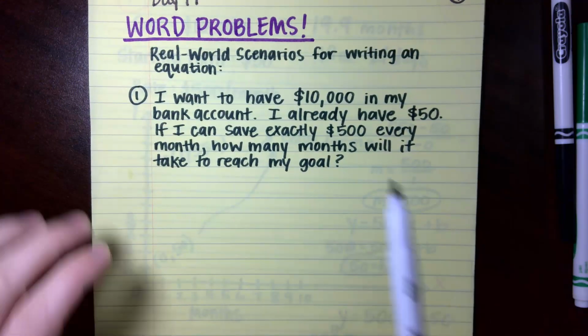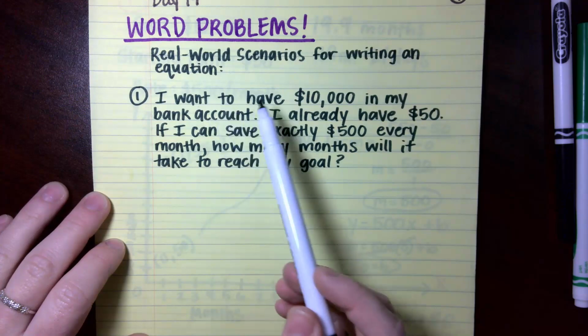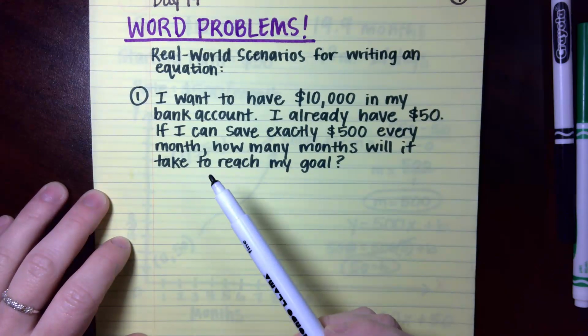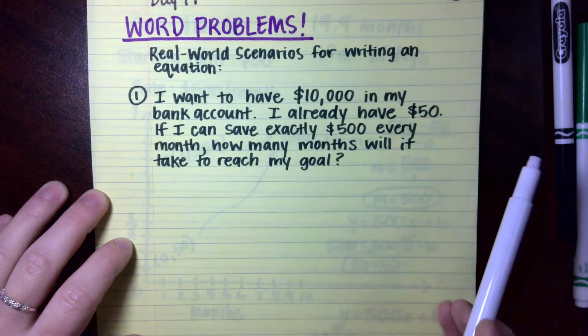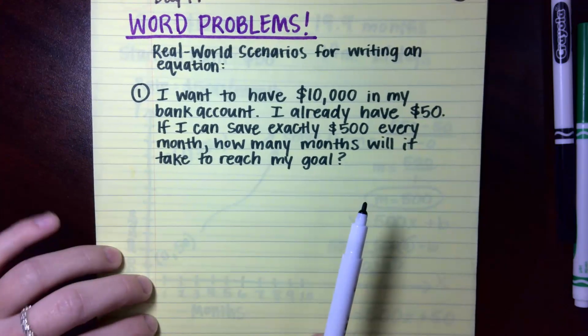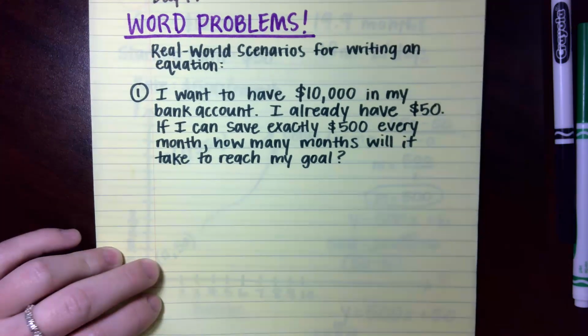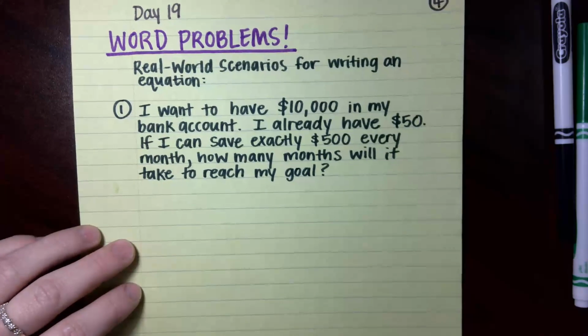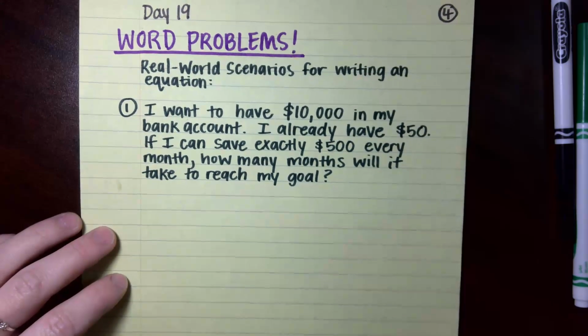My problem says, I want to have $10,000 in my bank account. That's my goal. I already have $50. Let's say if I could save $500 every month, how many months will it take me to reach my goal?